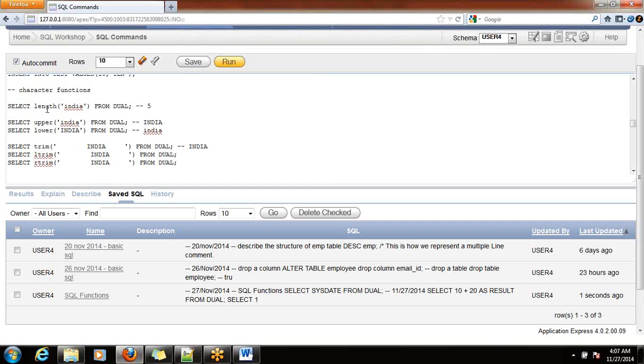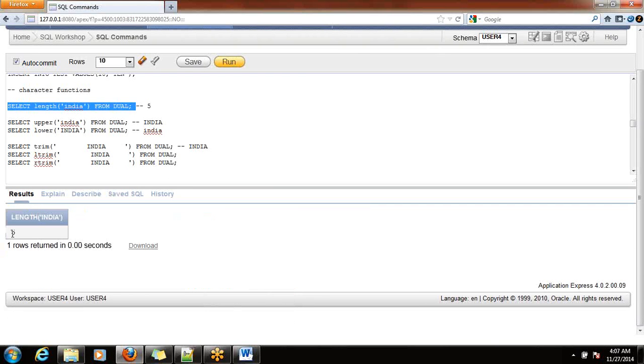Look here, there is a function called length, for which you can pass the string as an argument. Strings are always supplied in single quotes, I told you. A string is nothing but a group of characters. So I need the length of the string. I made use of the dual table. INDIA, India, has 5 characters, so it gives 5.